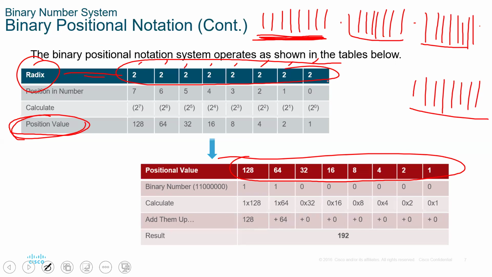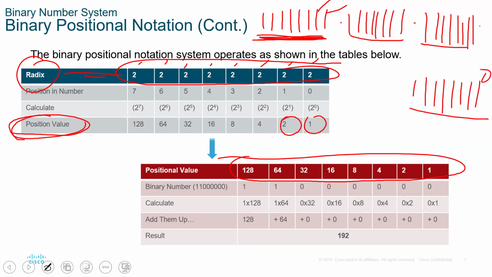Just count from here. This is 1. That is the first one here, 1. The next one is 2. It's not the number 2, it is the raised to the power. How did we get to the power? Just number it.